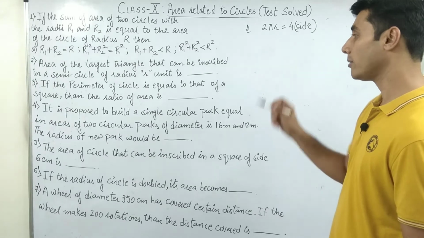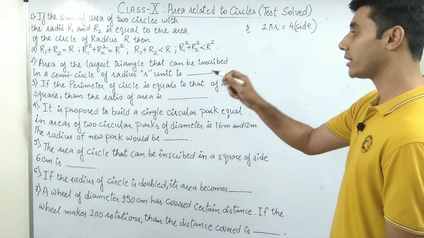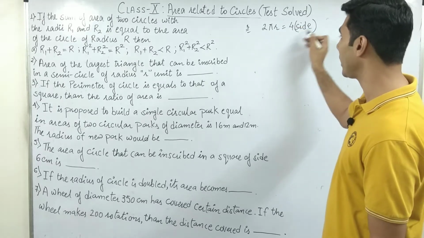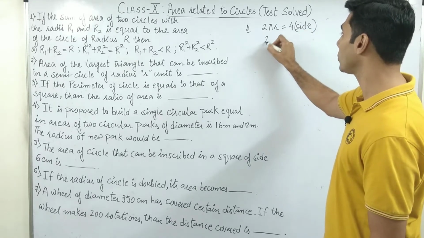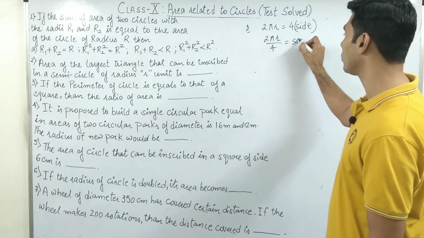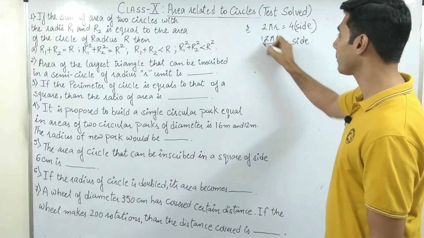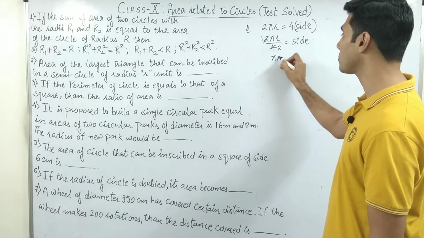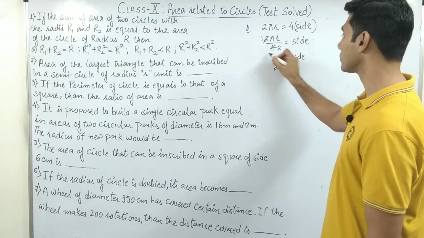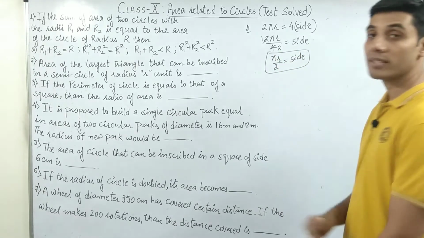Now they are asking you, okay, then the ratio of the area is, so the ratio of the areas of these two. I will take out any one term. So 2 pi r upon 4 should be equal to one side, and 2 times 1, 2 times 2, so that means pi r by 2 should be equal to one side, correct?